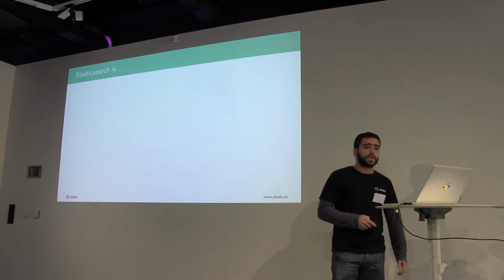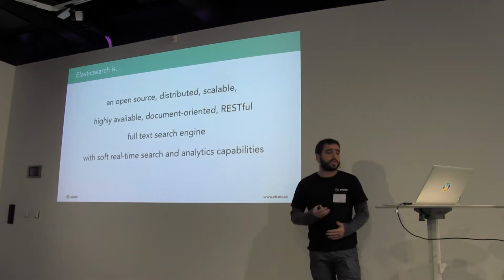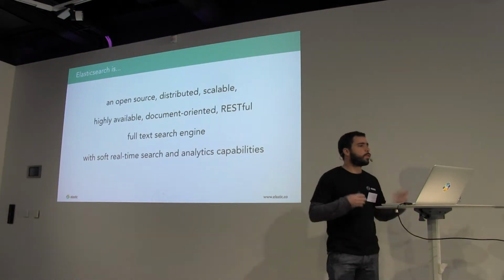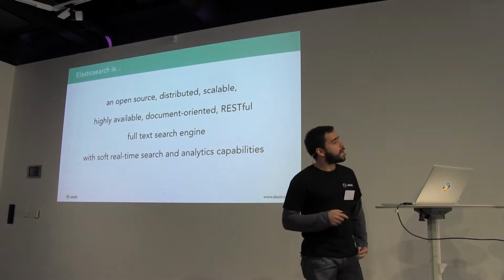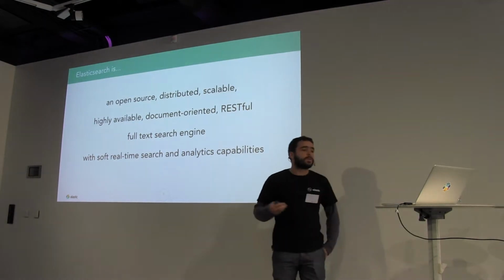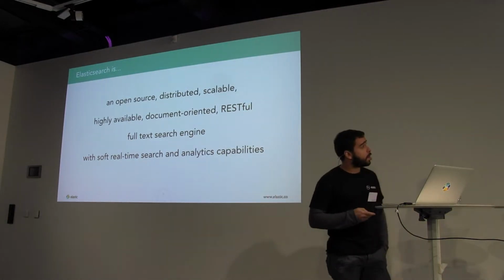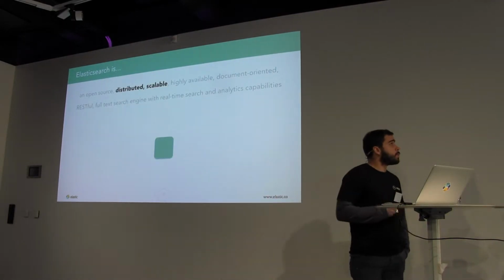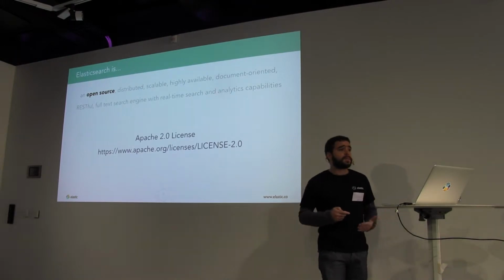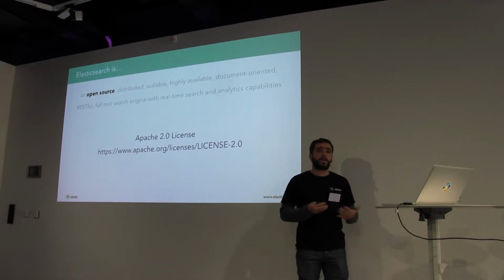So Elasticsearch is an open source, distributed, scalable, highly available, document-oriented, RESTful, full-text search engine with soft real-time search and analytics. The important part here, regarding open source, is that it's very good that you can play and get to know everything, and you can get a lot of people to contribute.